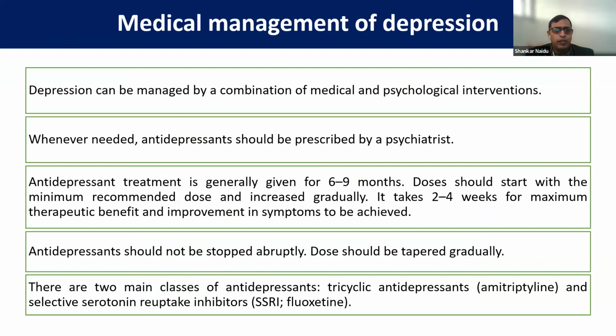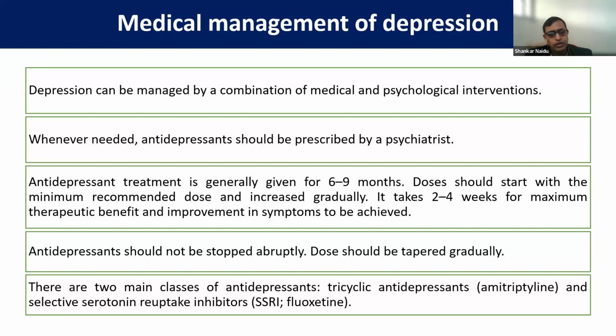So regarding the medical management of depression, both non-pharmacological and pharmacological interventions can be given. For initiating pharmacological therapy, we should always refer these patients to a psychiatrist. Usually antidepressants, if it is a single episode of depression, will be given for 6 to 9 months.